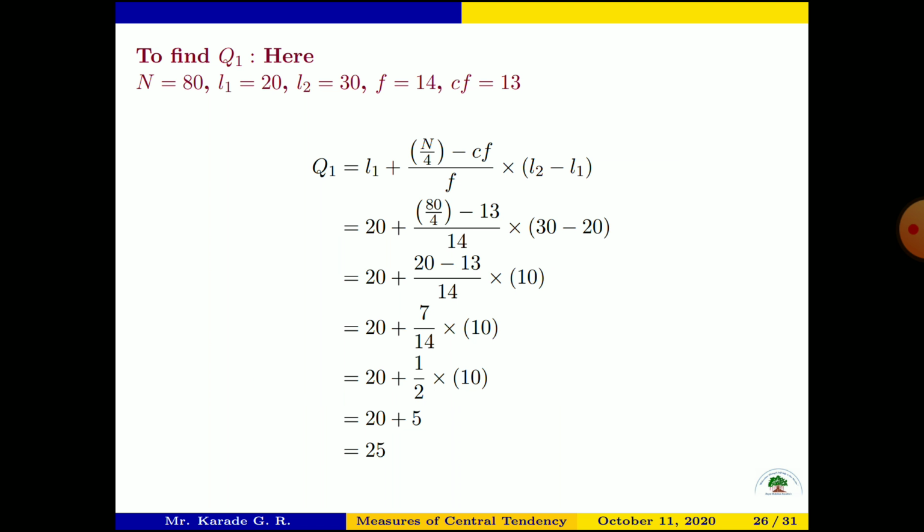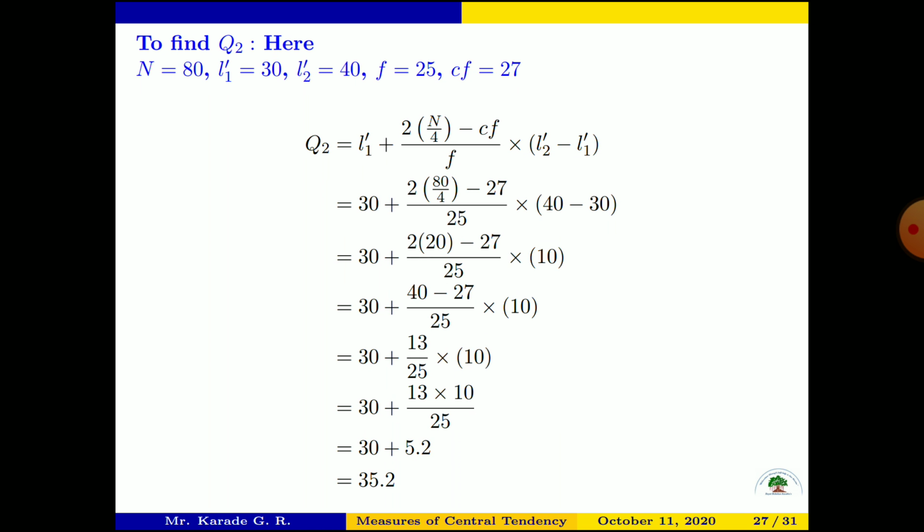It is equal to 20 plus 80 by 4 minus 13 whole divided by 14 into 30 minus 20, it is equal to 20 plus 20 minus 13 divided by 14 into 10, equal to 20 plus 7 upon 14 into 10, it is equal to 20 plus 1 by 2 into 10, 20 plus, so 10 by 2 is 5, 20 plus 5 is equal to 25.